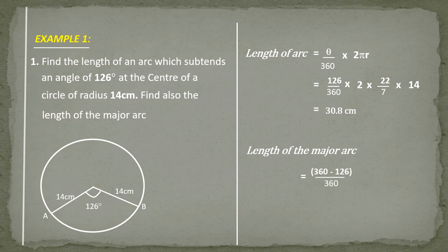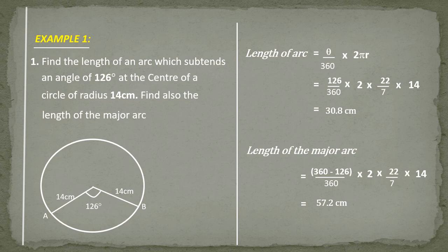So we shall take 360 minus 126 divided by 360 times the circumference, which is 2 pi r. So we can substitute that and it will give us 57.2 centimeters. Please verify the accuracy of that answer with your calculator. We should be in position to get 57.2 centimeters.